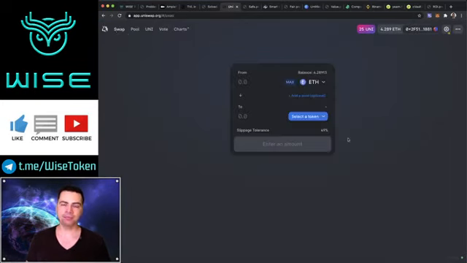All that Ethereum, 90% or more of it, is going to Uniswap to create the trading pair for Wise and Ethereum. That instantly creates the market. And then once it creates that trading pair, that big pot of liquidity, that's pretty much all the money people sent, then the contract burns the keys, which means that no one can ever take that money away.